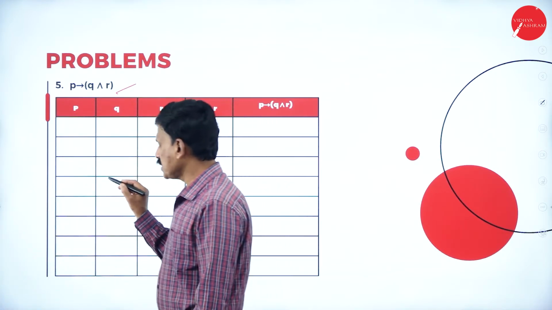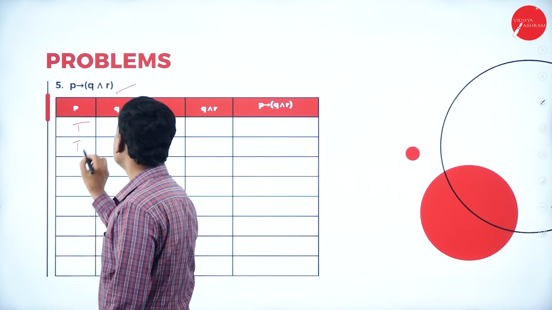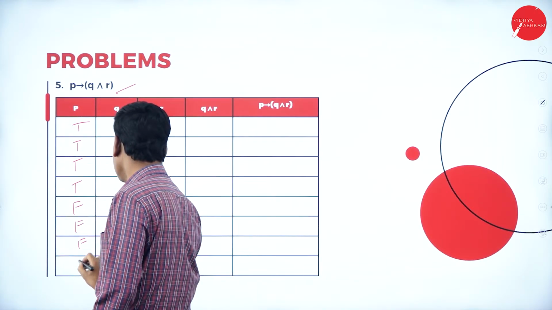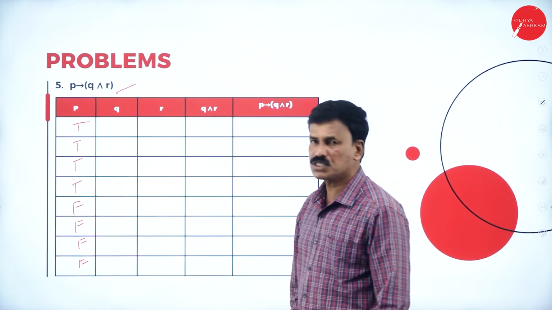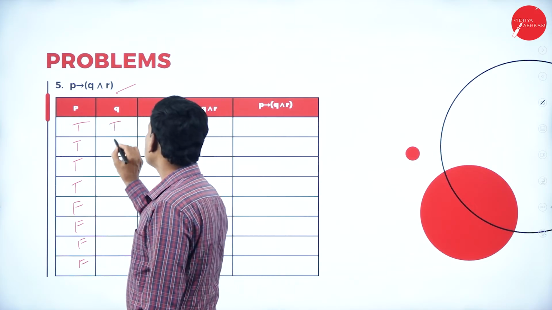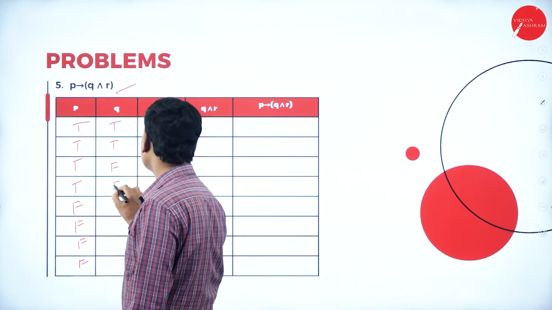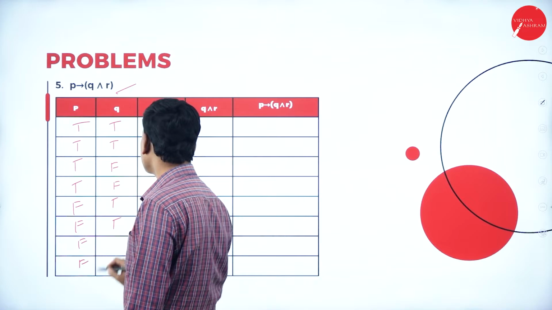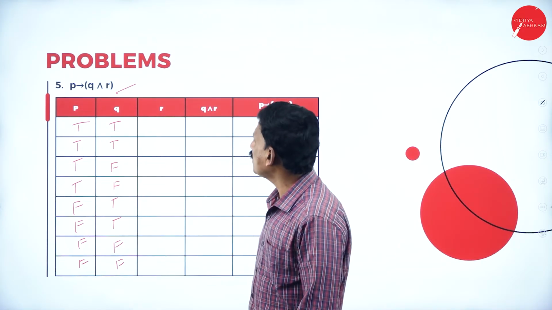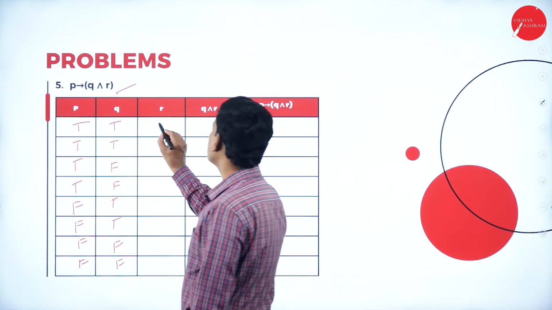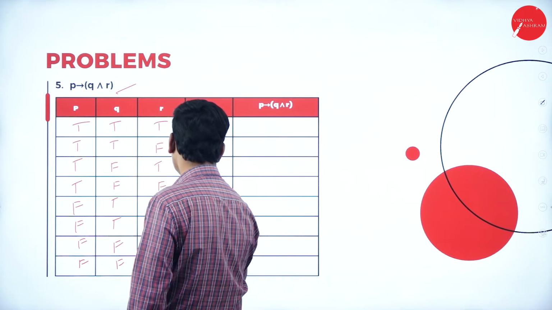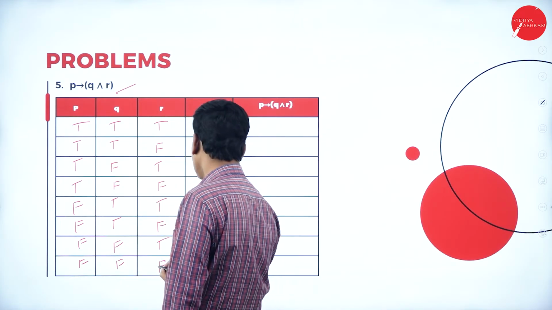For P it is first 4 true, remaining 4 false. For Q, 2, 2: first 2 true, next 2 false, again true, true, then false, false. For R, alternately true, false, true, false, true, false, true, false.